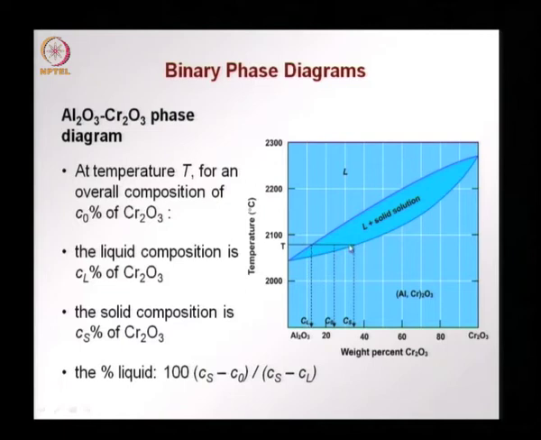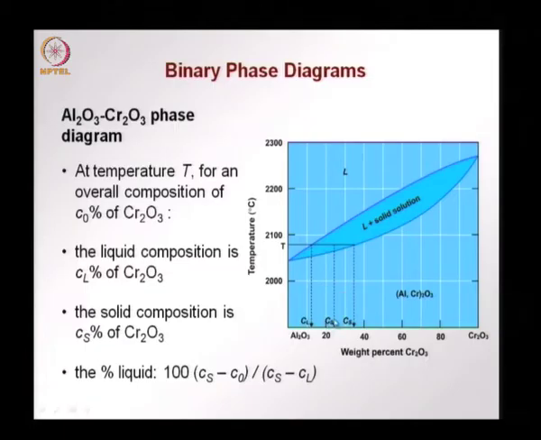Now, the other end of the tie line, when it meets the solidus line, when we drop it down, we get the composition of the solid phase. Now, this holds good for any composition of the alloy in this region.